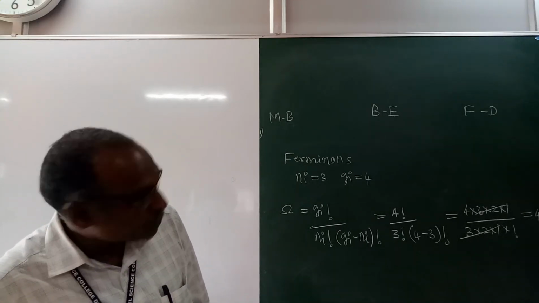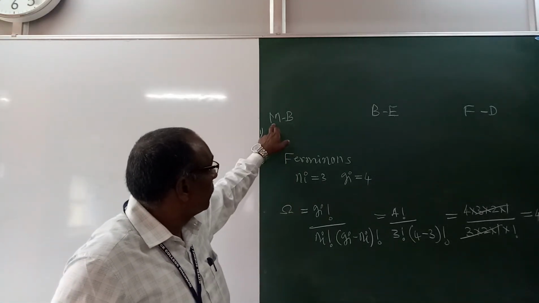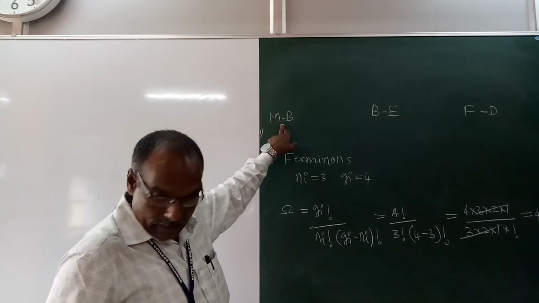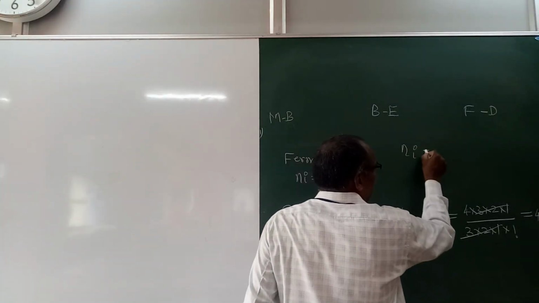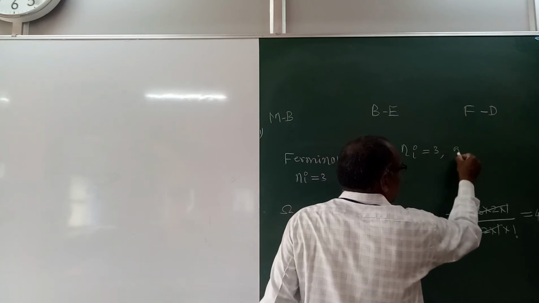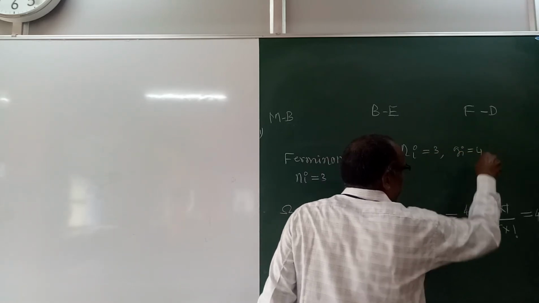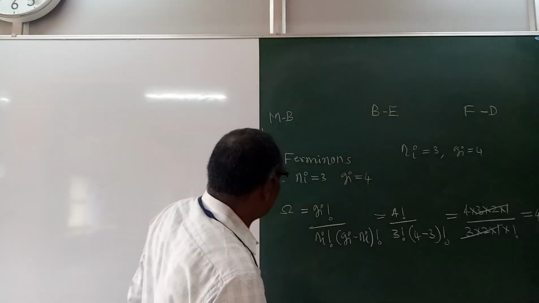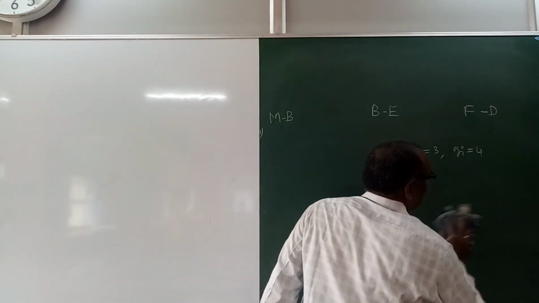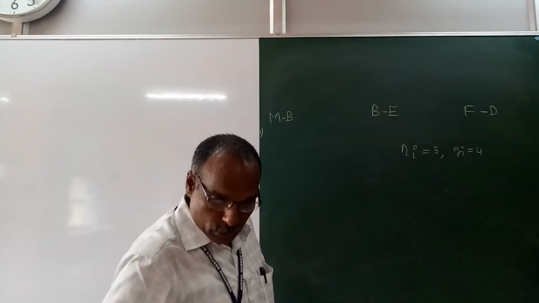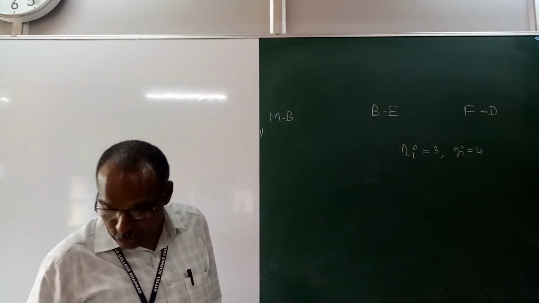Let's do this for MB statistics. Say Ni is equal to 3, the same example, and Gi is equal to 4. So how many ways can we distribute the 3 particles in Maxwell-Boltzmann statistics?